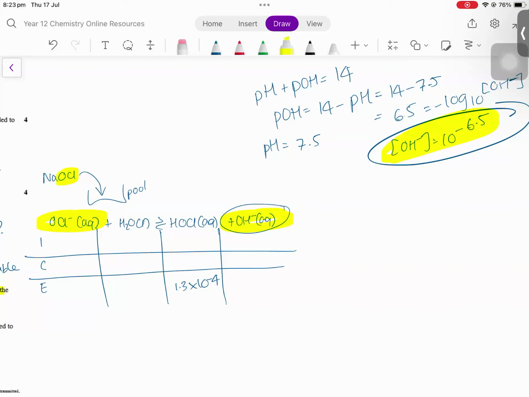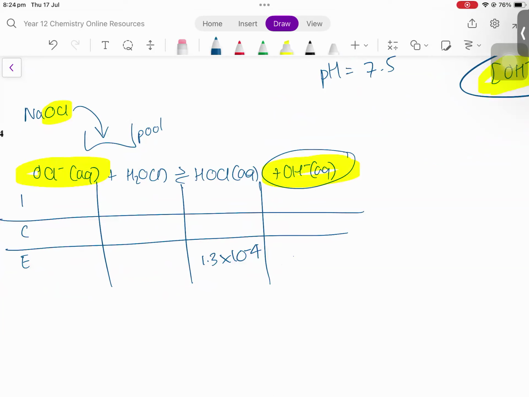No, because you didn't have any OCl minus. You need to start the reaction first. So that 10 to the minus 6.5, where do I put that? In I or in E? Has to be in E. It can't have been there if you didn't have the reagents to begin with. So 10 to the minus 6.5.